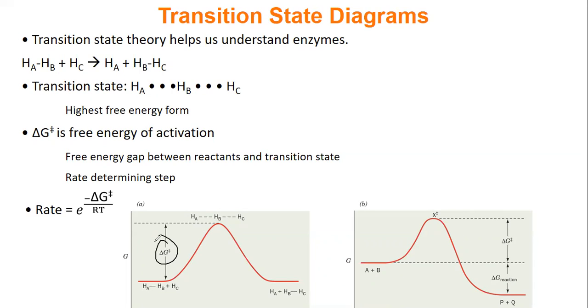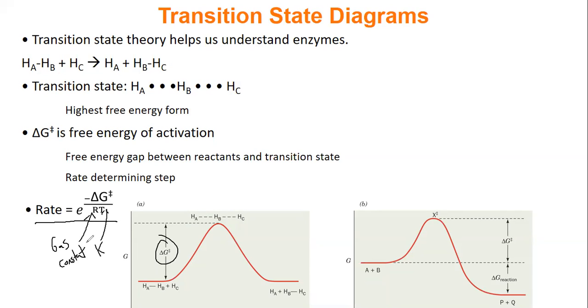So how enzymes work is that they lower delta G double dagger. And mathematically, we can calculate the rate using this equation. The rate of our reaction equals exponential of negative delta G double dagger divided by RT. R is a gas constant, and T is the temperature in Kelvin.